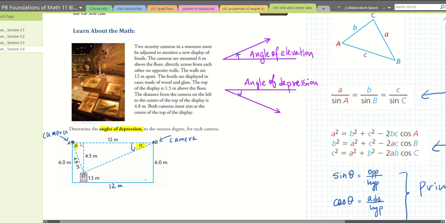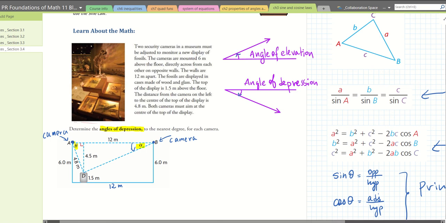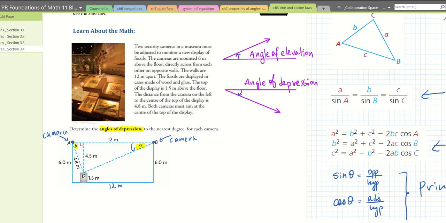So we know that the cameras are 12 meters apart, 6 meters up on the walls. So we know all the information that's shown here. The question is to determine the angles of depression to the nearest degree for each camera. These are the highlighted angles, alpha and theta. Those are the 2 angles we need to find. Now to solve this question, we have a few options.